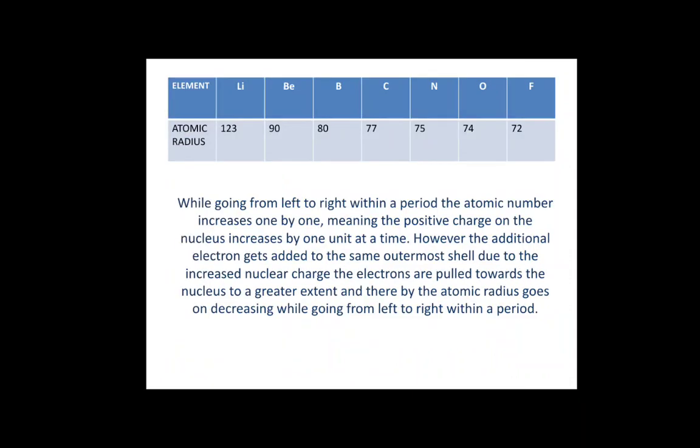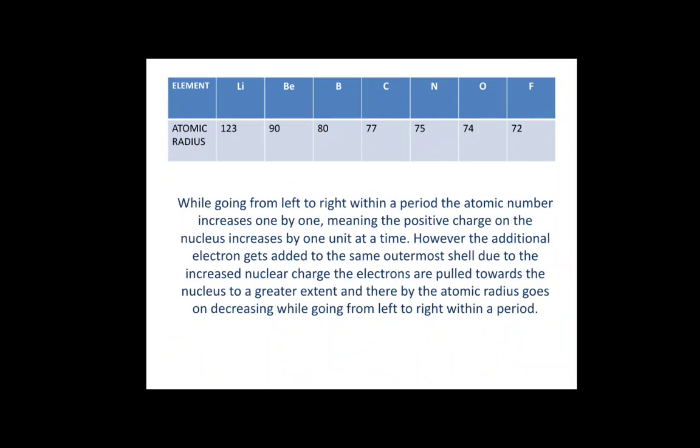While going from left to right within a period, the atomic number increases one by one, meaning the positive charge on the nucleus increases by 1 unit at a time. However, the additional electron gets added to the same outermost shell.